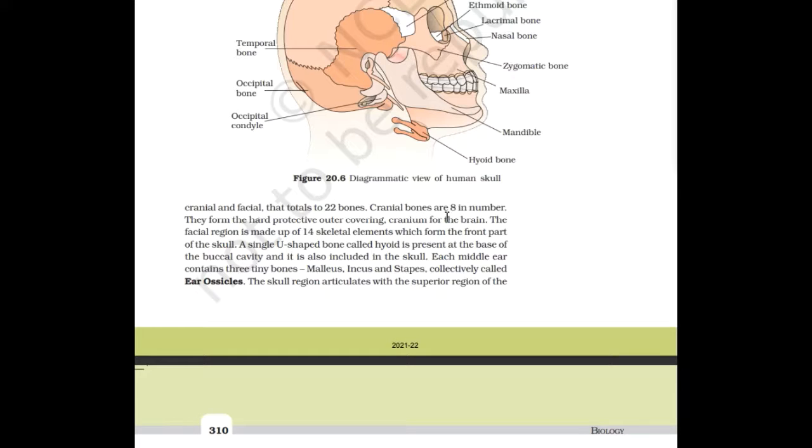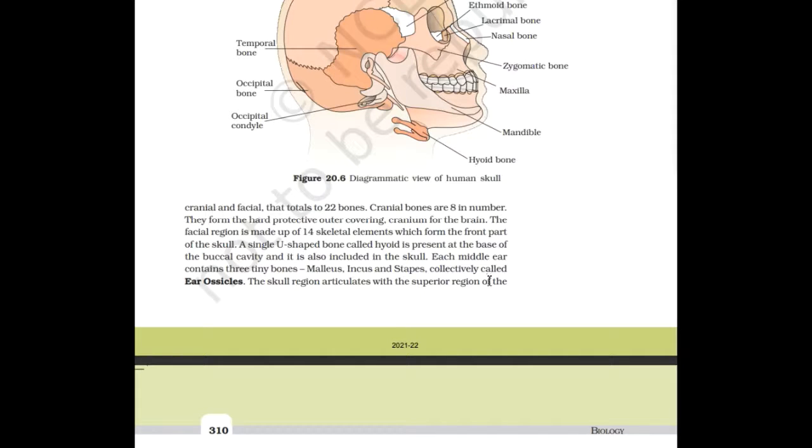Cranial bones are 8 in number. They form the hard protective outer covering, the cranium, for the brain. The facial region is made up of 14 skeletal elements which form the front part of the skull. A single U-shaped bone called the hyoid is present at the base of the buccal cavity, and it is also included in the skull.